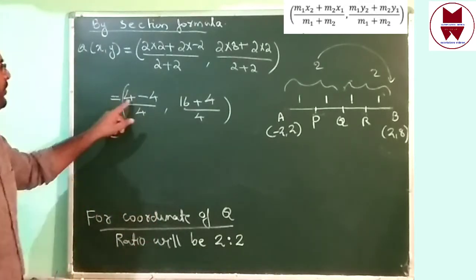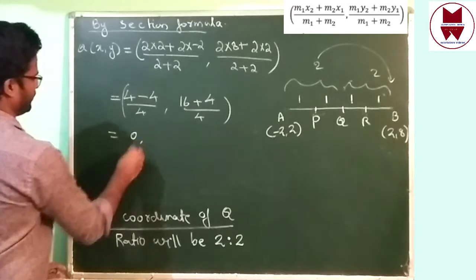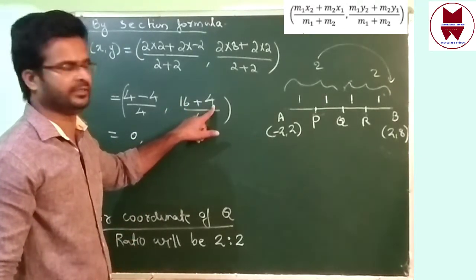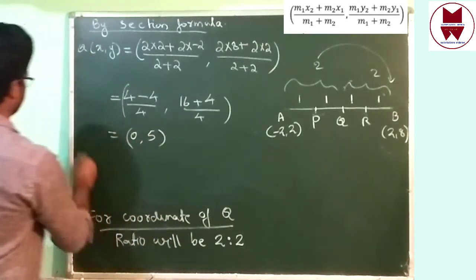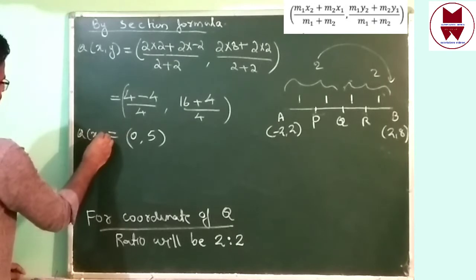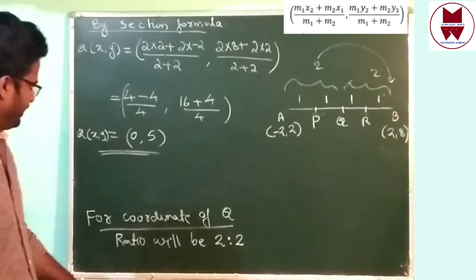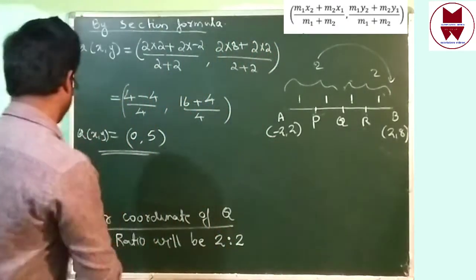Equal to 4 minus 4, 0, isn't it? 0 divided by 4, 0. And then 16 plus 4, 20. 20 divided by 4, 5. That is our second point, Q, 0 and 5. Then one more point is there, that is R, isn't it?